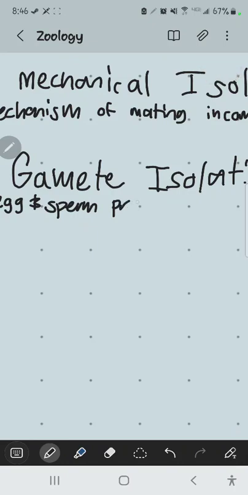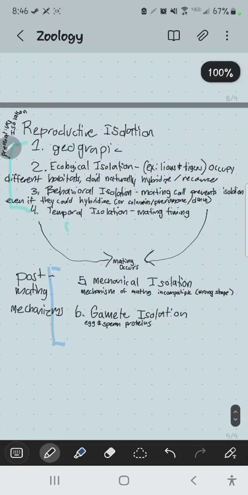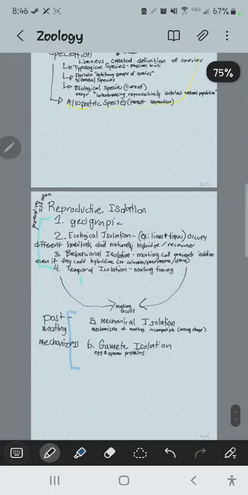How this works is when you have, say for example, an egg, and then sperm cells of the same species. So we have our egg here, and obviously our sperm here.